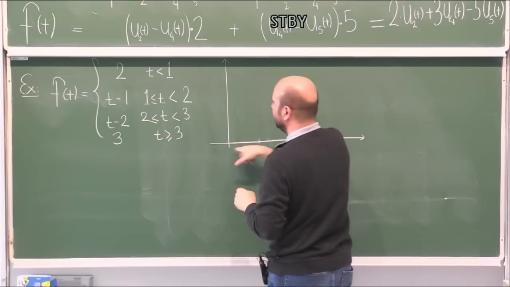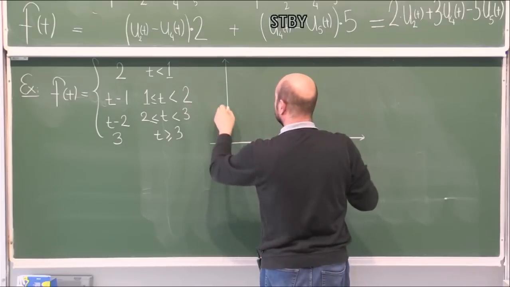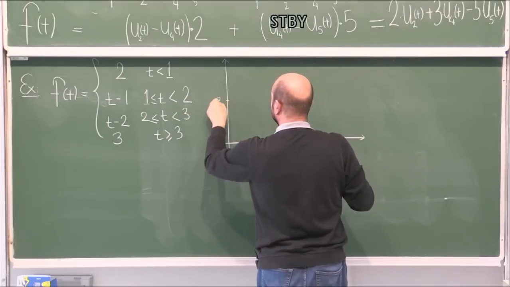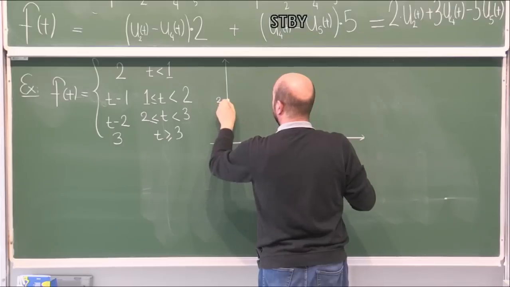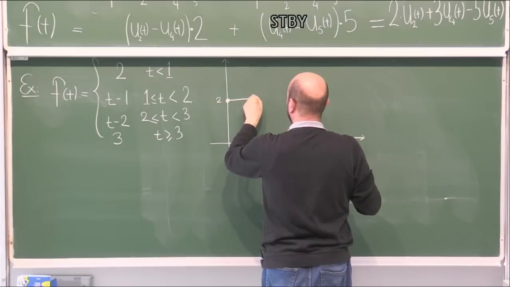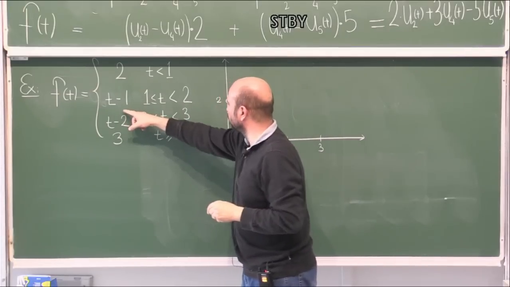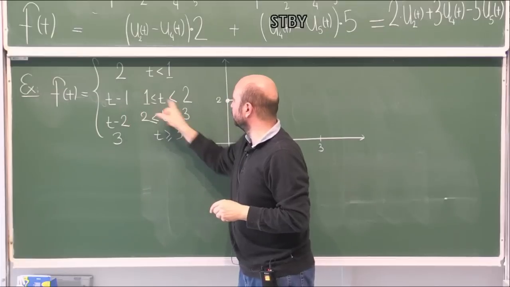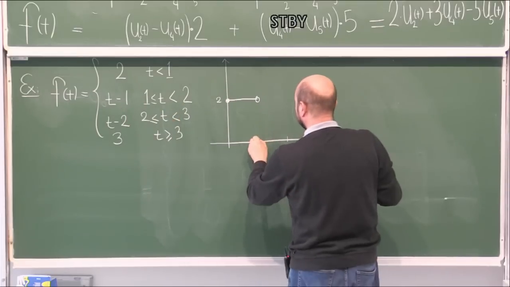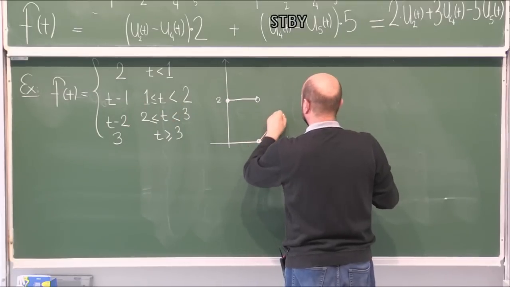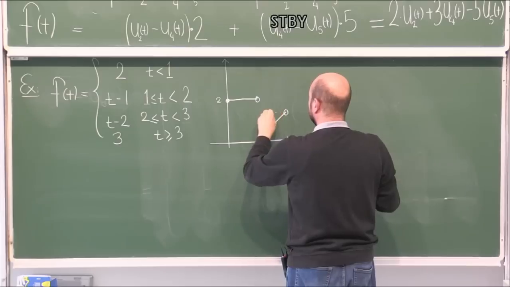Between 0 and 1, it is constant as 2. Between 1 and 2, it's the function t minus 1. So at 1, it is 0. At 2, it is 1. Like this.